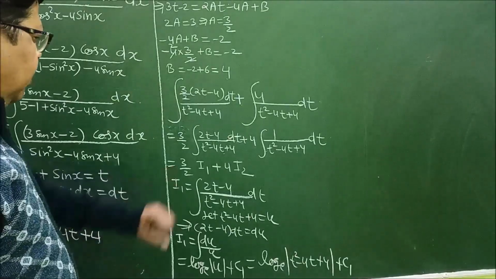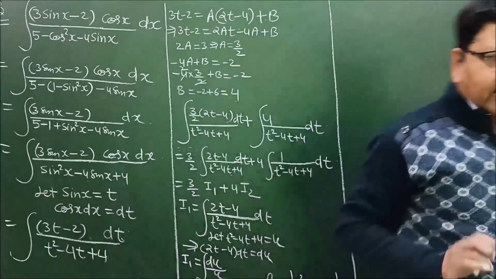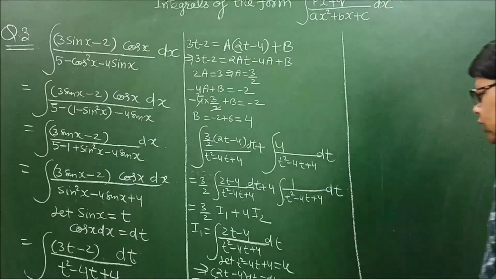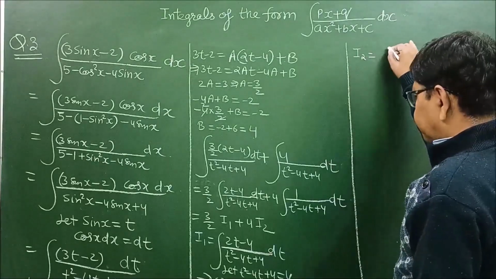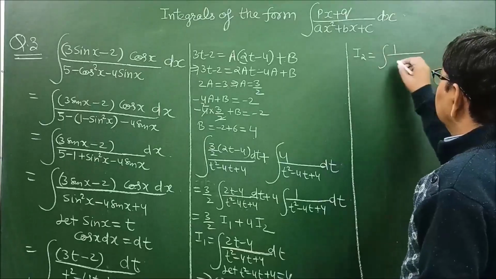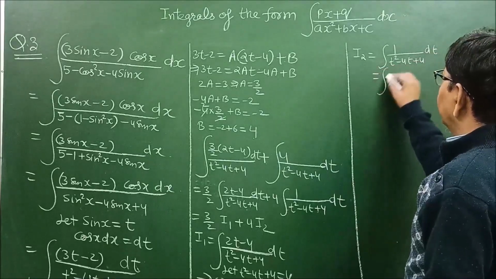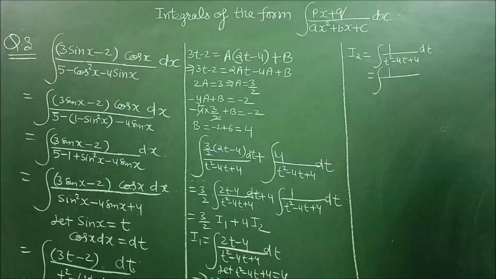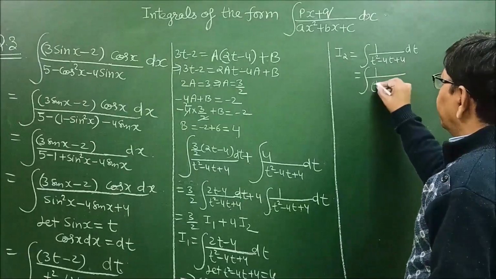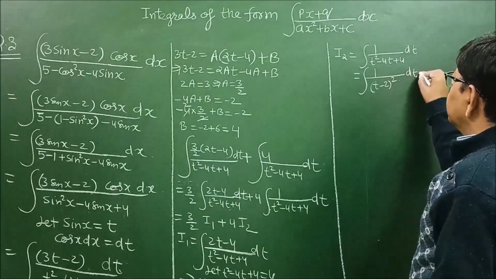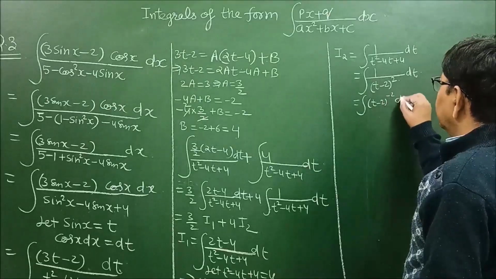Now let us solve the other integral I2. The other integral I2 is 1 upon t square minus 4t plus 4 dt, which is equal to the integral of 1 upon the square of, this is a square plus b square, that is the whole square of t minus 2, dt, which is equal to the integral of t minus 2 raised to the power minus 2 dt.